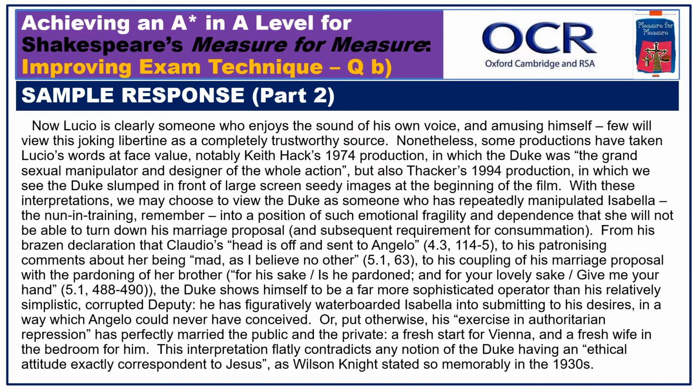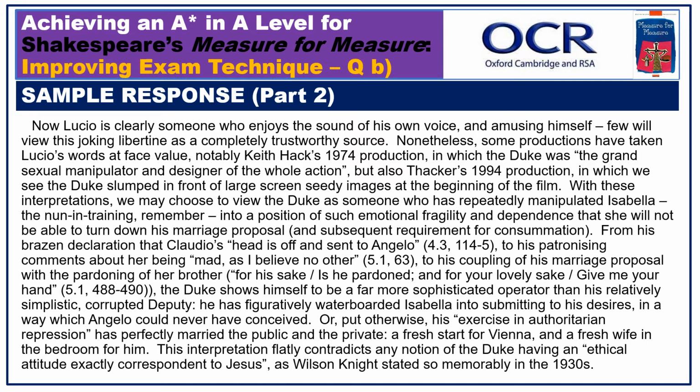From his brazen declaration that Claudio's head is off and sent to Angelo, to his patronising comments about her being "mad as I believe no other," to his coupling of his marriage proposal with the pardoning of her brother, "for his sake is he pardoned, and for your lovely sake give me your hand," the Duke shows himself to be a far more sophisticated operator than his relatively simplistic, corrupted deputy. He has figuratively waterboarded Isabella into submitting to his desires in a way in which Angelo could never have conceived.